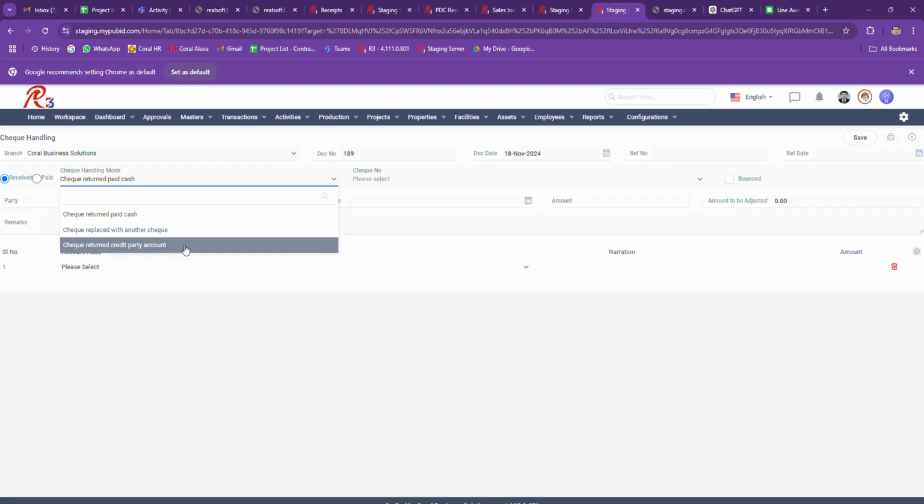Maybe one reason is there is not enough balance. What will happen? The check will be bounced. Another reason, the signature is not valid or not a proper signature, and maybe another signature is required. If it is a partnership company, another signature may also be required. So because of these kinds of things, the check may be bounced.